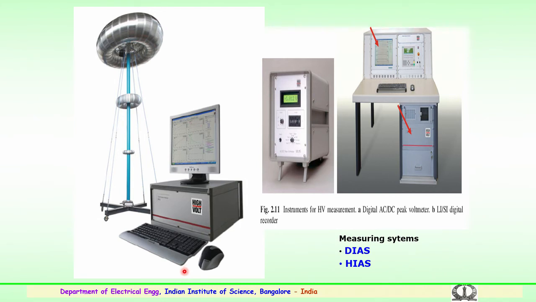For the measurement of high voltage impulses we have two important systems: one is the digital impulse analyzing system and the second is the hybrid impulse analyzing system, which have very good capability of capturing information from the impulse and help in proper analysis and interpretation of the surges applied to the high voltage equipment.